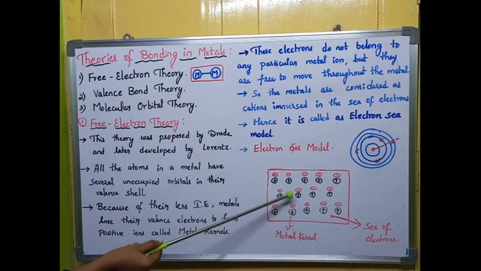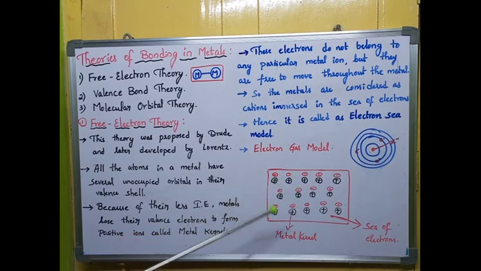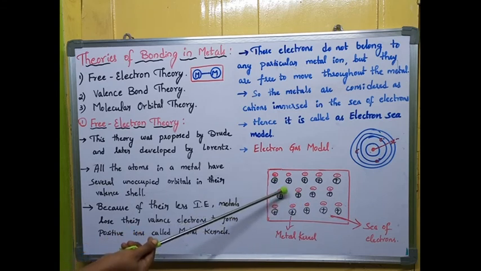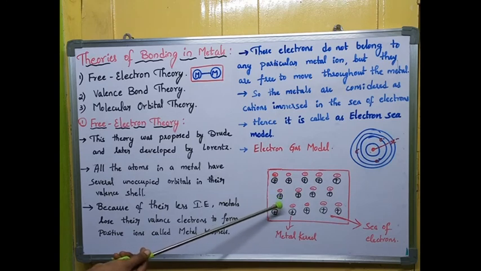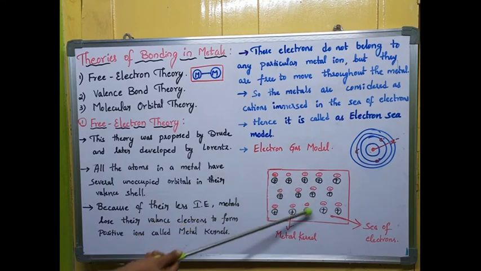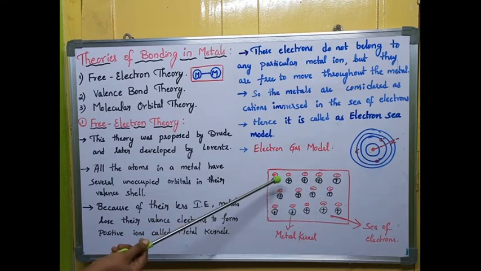Because of their electropositivity, they attract the electrons towards themselves and maintain a solid structure in the crystal. That is the reason we get solid, hard structures in metals, because of the attraction between the positive nucleus and the valence electrons in the metallic crystal. So this is about free electron theory.